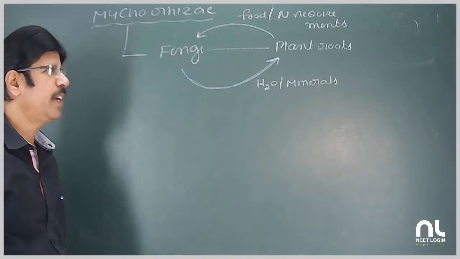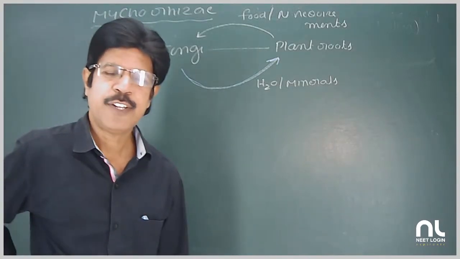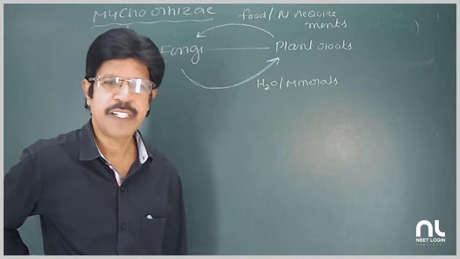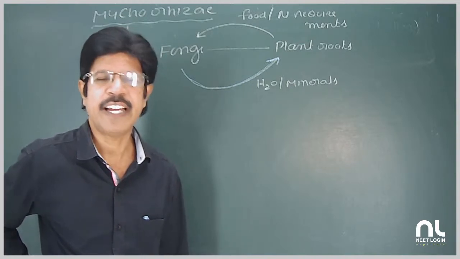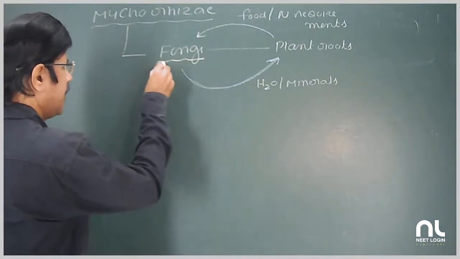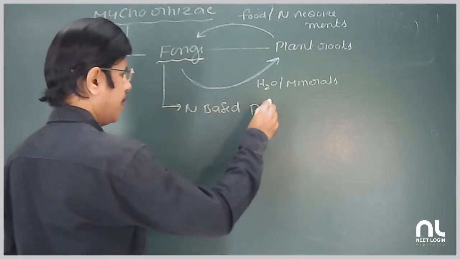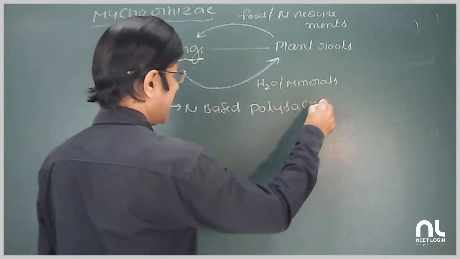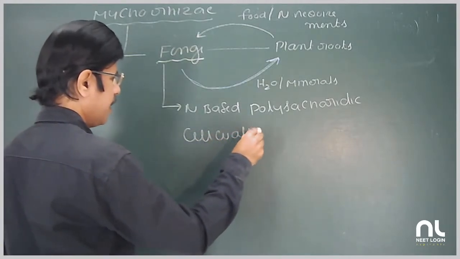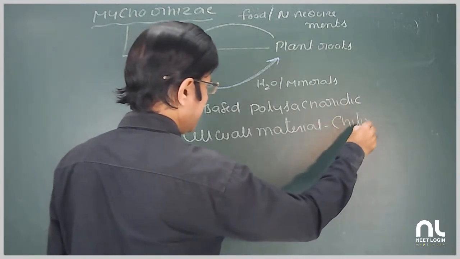The plant in turn provides food and nitrogen requirements, because the fungi require nitrogen for the cell wall, the chitin, a nitrogen based polysaccharide cell wall material in fungi, that is chitin.